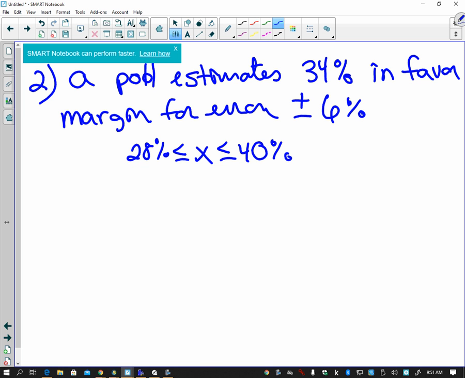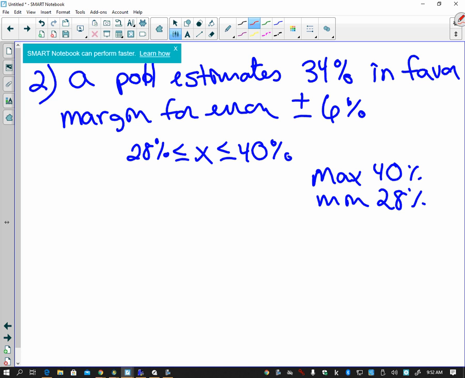Okay, so we have to create an absolute value that's going to give me a max of 40 and a minimum of 28. Okay, so you're going to see multiple options there. You need to find the one that's going to match that, but let's just go ahead and see what we can figure out.